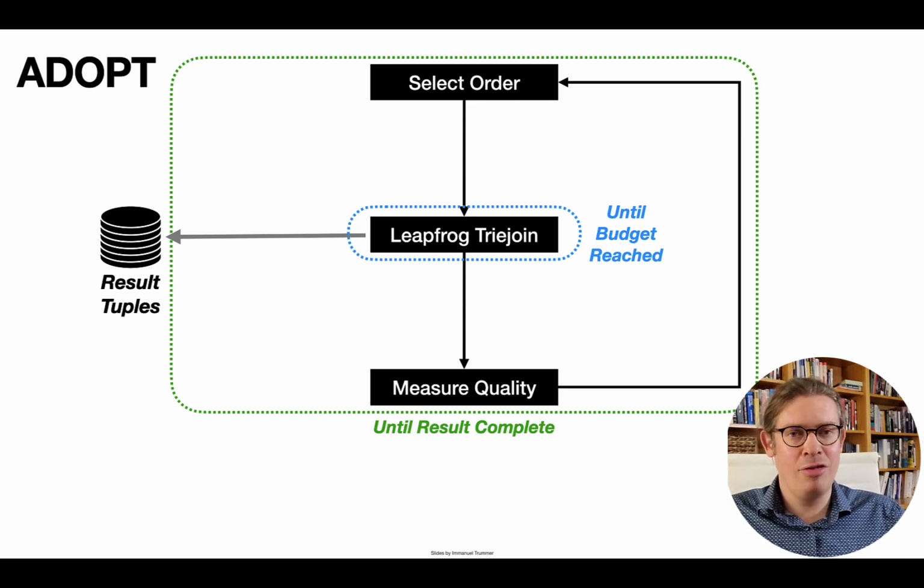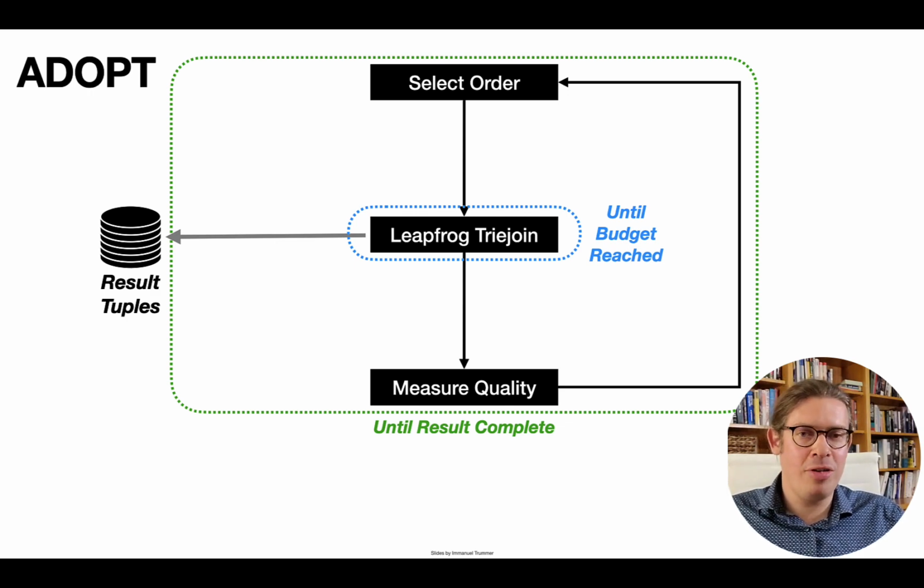This is the high-level picture of how ADOPT works. So for a given query, ADOPT performs a large number of episodes. Each episode typically just takes a couple of milliseconds. And within each episode, ADOPT selects an attribute order, then executes that order for a limited number of time steps, and finally evaluates the quality of that order.